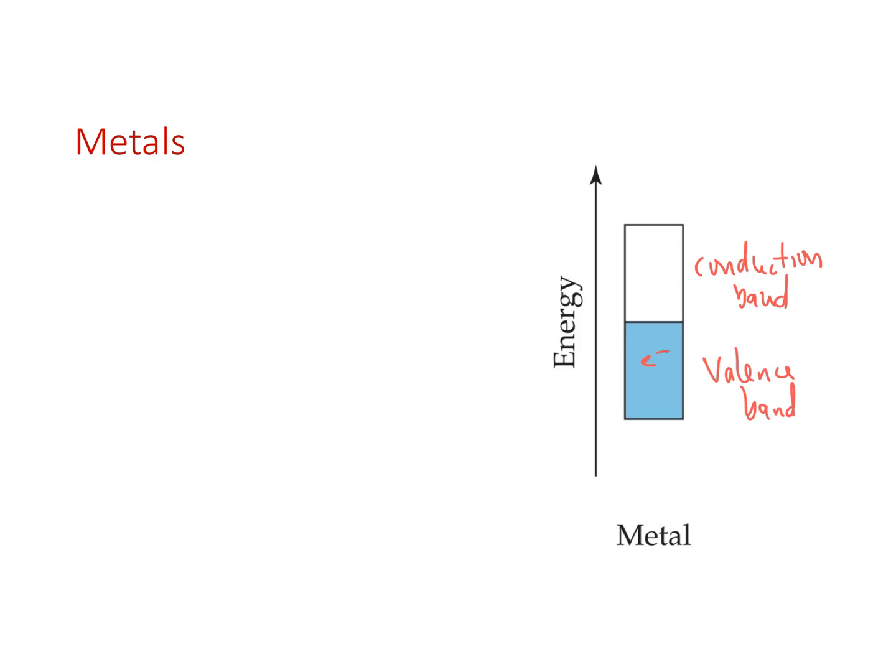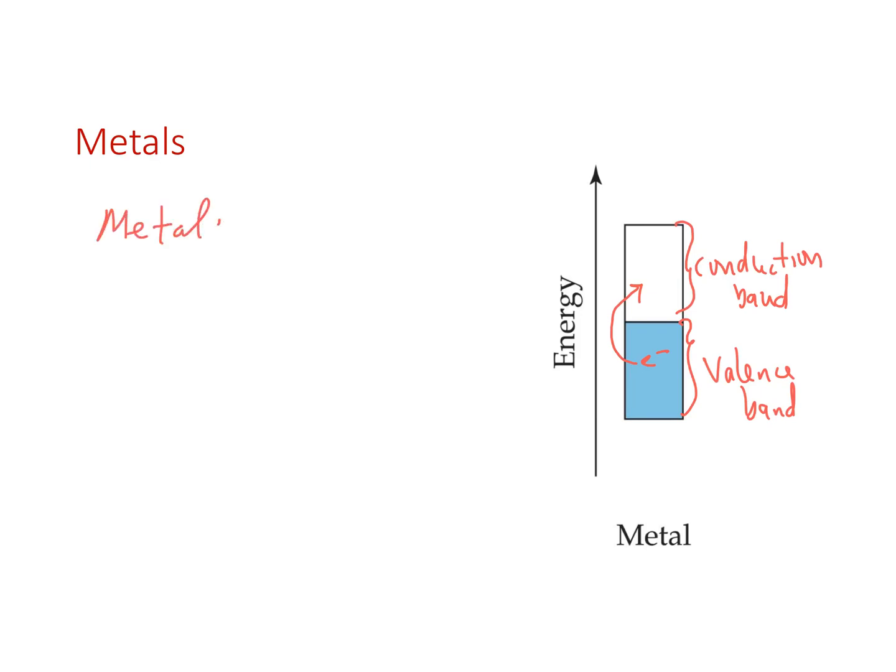So in order for something to conduct electricity, we have to be able to take an electron from the valence band and move it up into the conduction band. Well, in a metal, that's really easy because there is no band gap. Essentially, there's very little energy difference between where the electron is in the valence band and where the electron needs to go to move in the conduction band.